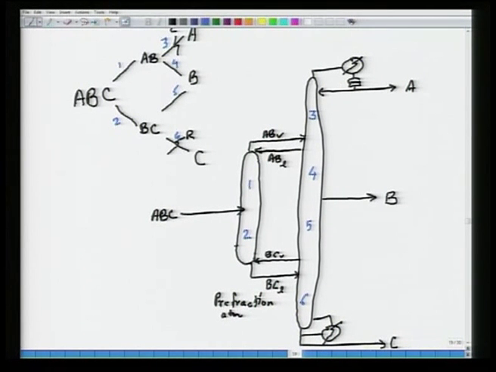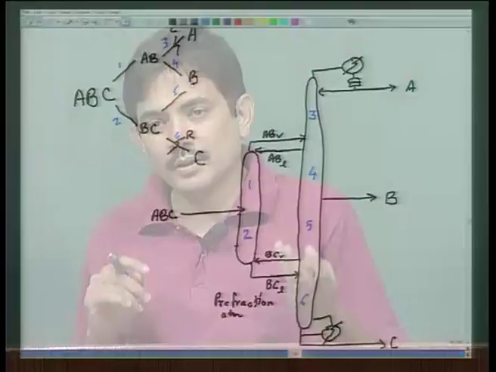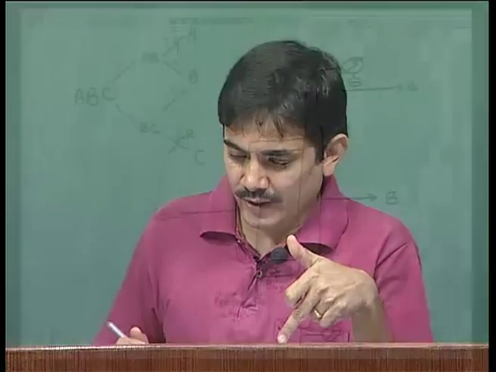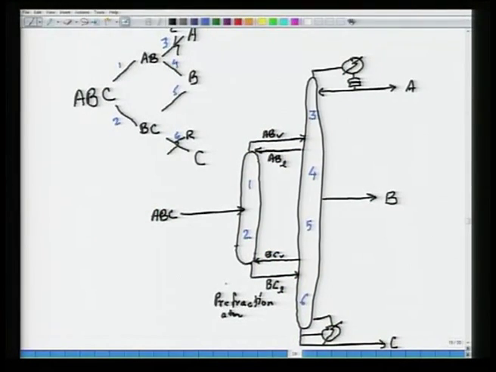So, this is a complex column configuration where using a single reboiler and a single condenser with different column sections that are coupled in the way shown here, where 1 and 2 are done in the pre-fractionator, 3, 4, 5 and 6 are in the main tower. Using this complex configuration, I am getting pure A, pure B and pure C. All right.